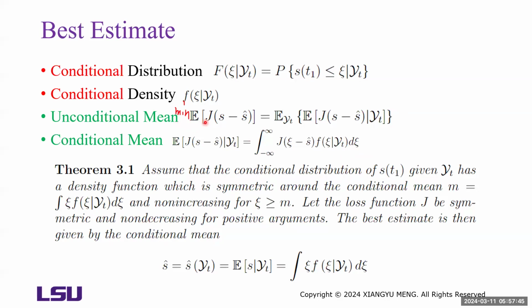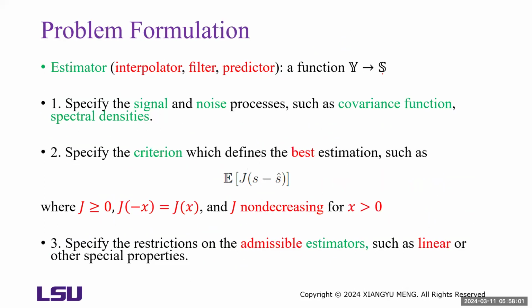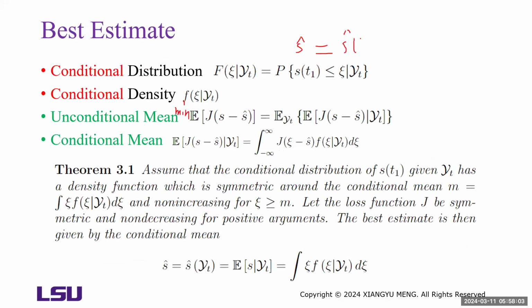We want to minimize the conditional mean with respect to all functions. This minimization is with respect to all functions. This function maps from y to s. The argument is Y^T, a realization, any realization.